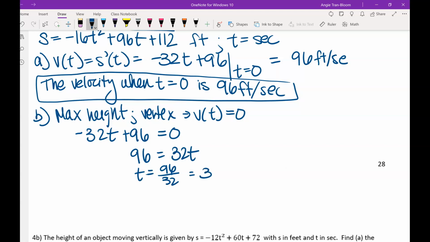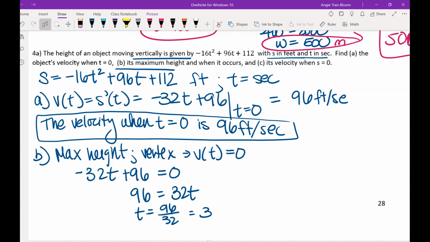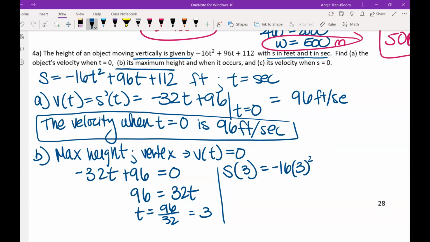Now that's the time. It's looking for when it occurs and what is the maximum height. To find the maximum height, we have to plug it back in, s of 3. So s of 3 is negative 16 times 3 squared plus 96 times 3 plus 112. With all of our basic math, it's going to be 256 feet, okay?